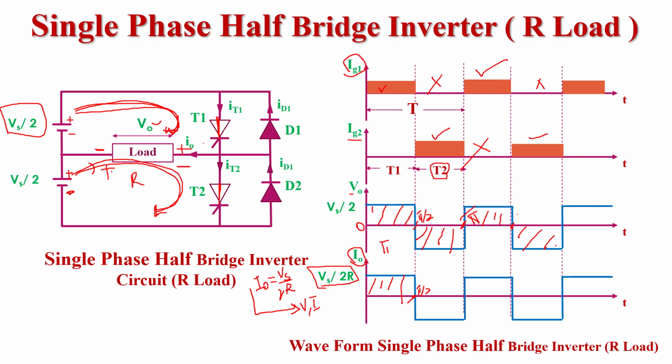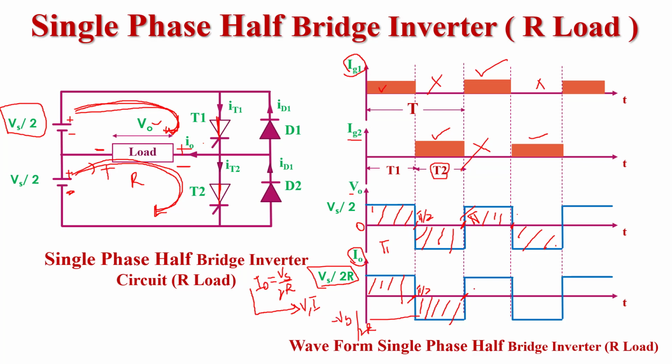In this case, this terminal is positive and this is negative. So current flows in the reverse direction, the minus I naught current will flow across the load. So here we see from pi by 2 to pi, the reverse current flows across the load and the magnitude of the reverse current is minus Vs by 2R.